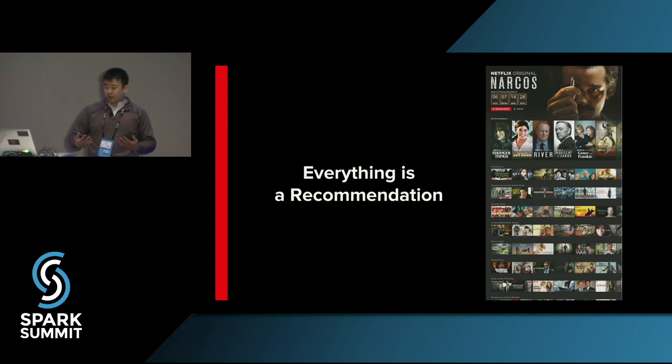We use it everywhere. As you can see on the page, the videos in the rows are personalized for different persons. And also, how do we compose the page by having different types of rows? It can be trending now, continue watching, or romance, or whatever. How do we compose the page? It's also a machine learning algorithm.